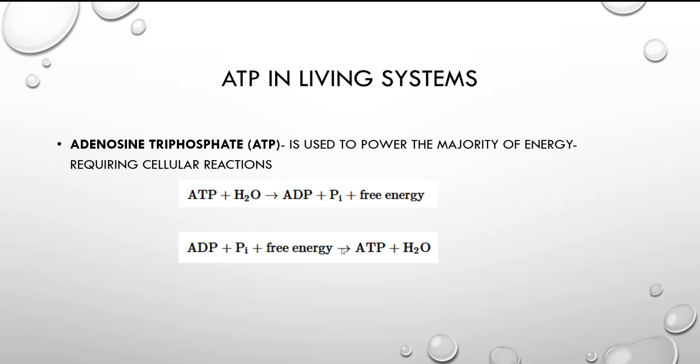And we'll talk about how that occurs. So it's kind of like what we call energy coupling. Some energy gets released, and then we can do another reaction where we use energy to reform ATP. So ATP is cellular energy, and we can use that as our energy source to power our cells.